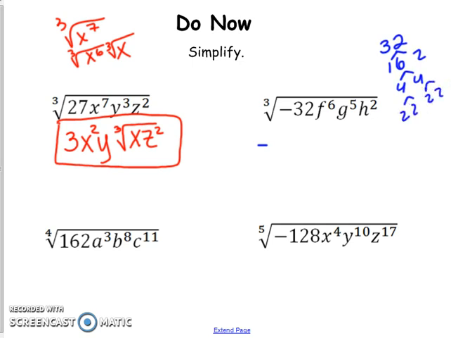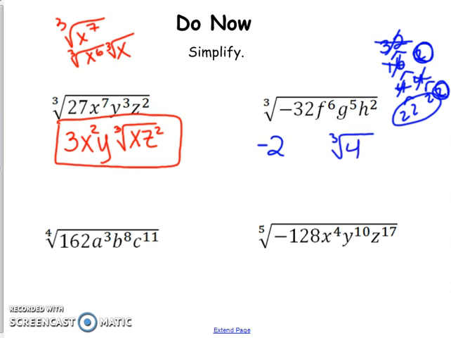So we need 3 of the same number. So we can't use 32, we can't use 16, and we can't use the 4s since they break down further. So I'm looking for 3 of the same number. So I have 3 2s. So that's going to go on the outside. And then I have this 2 and this 2 left over. So on the inside, I'm going to have a 4.